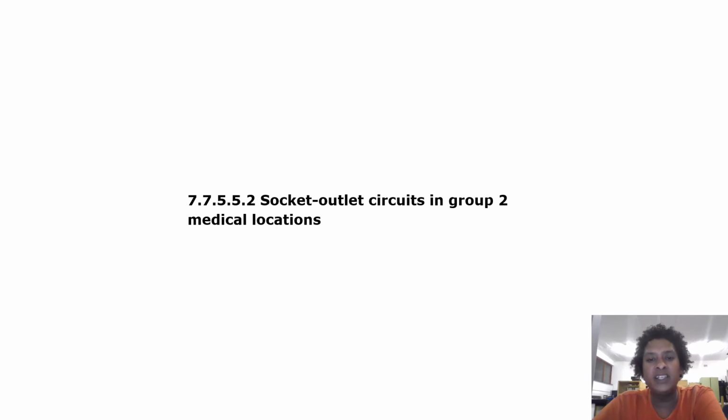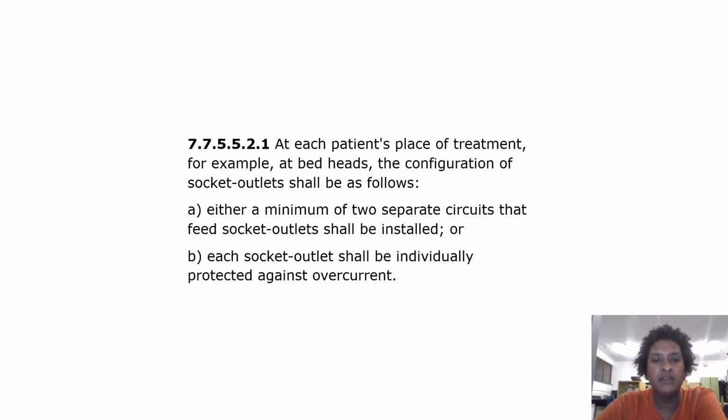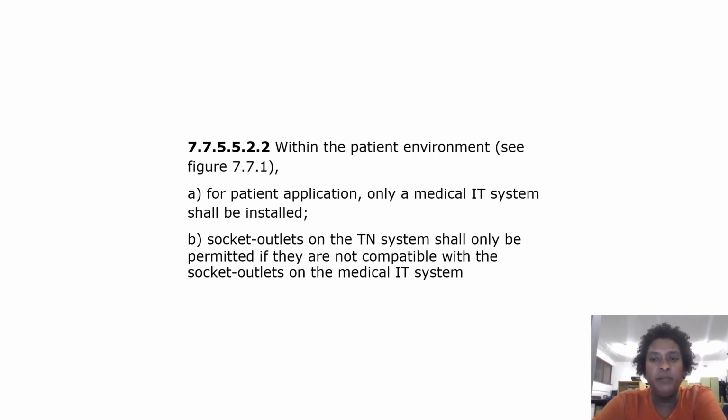Socket outlet circuits in group 2 medical locations. At each patient's place of treatment, for example, at bedheads, the configuration of socket outlets shall be as follows. Either a minimum of 2 separate circuits that feed socket outlets shall be installed, or each socket outlet shall be individually protected against overcurrent. Within the patient environment, for patient application, only a medical IT system shall be installed.